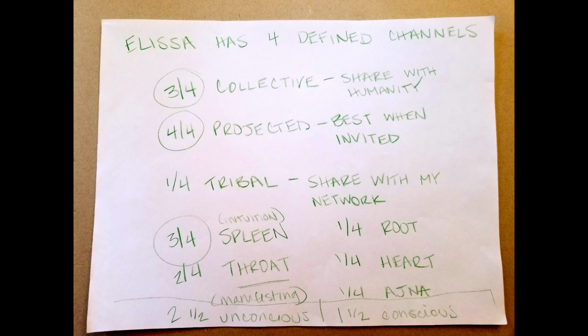So I encourage you to not only dig in on the detail level for what each of your channels are and what they represent, but also to see what their distribution is across the circuits, whether you have individual, tribal, or collective circuit-based channels, as well as the energy type associated with your channels, whether that's a manifestor channel, projector channel, manifesting generator channel, or a generator channel.